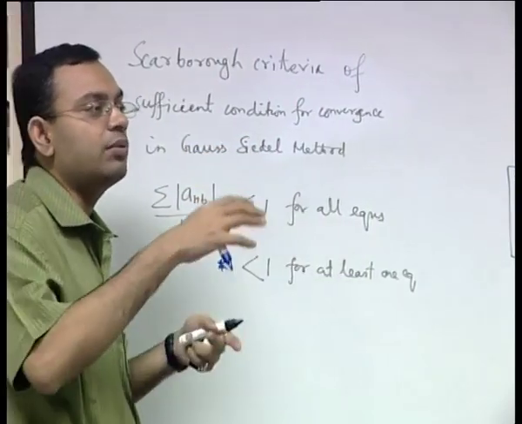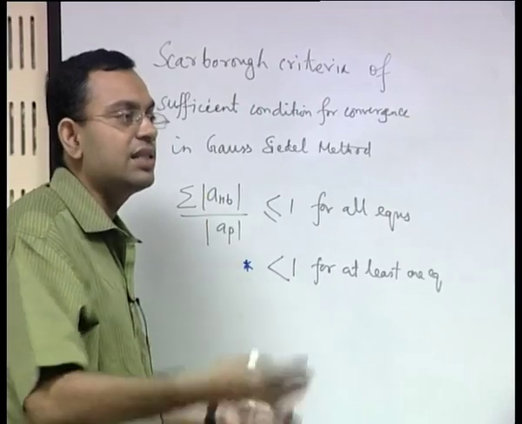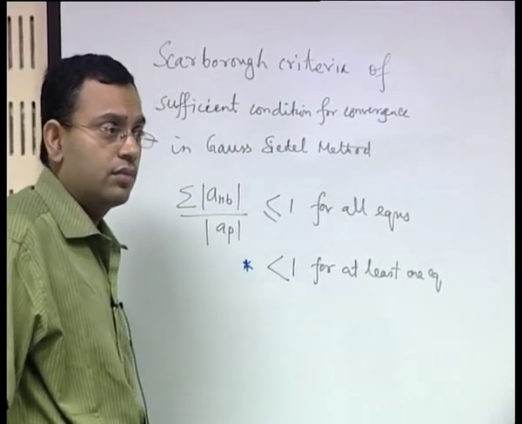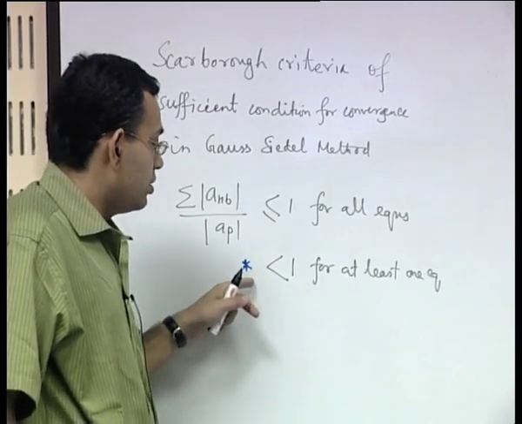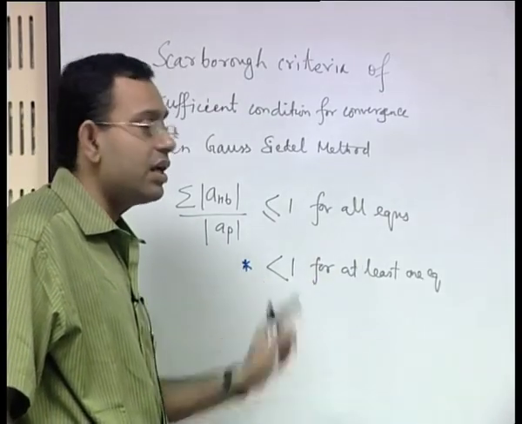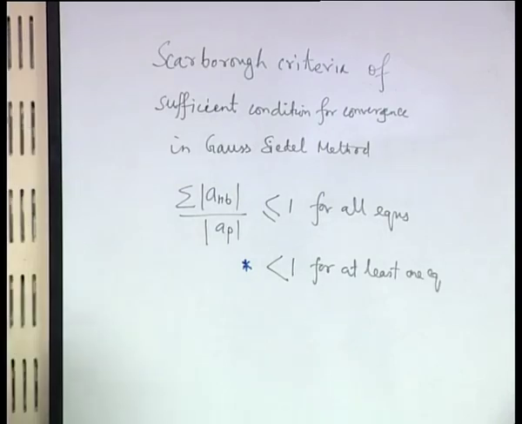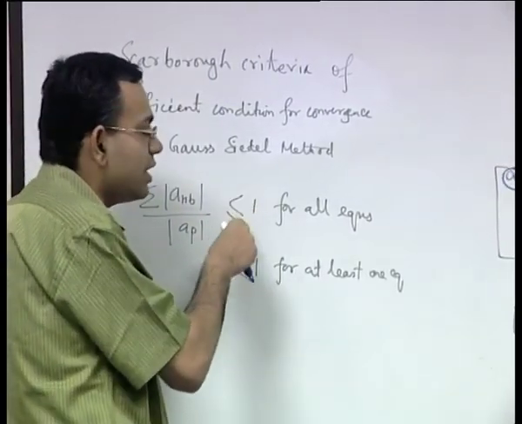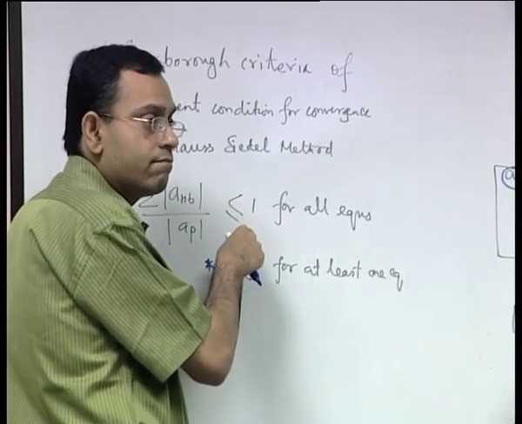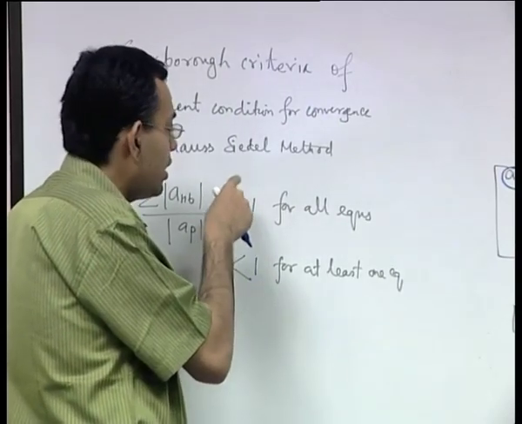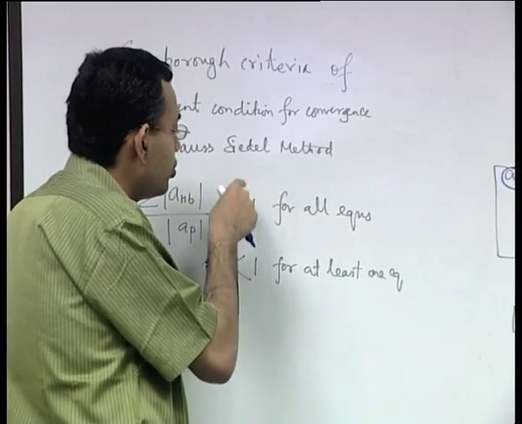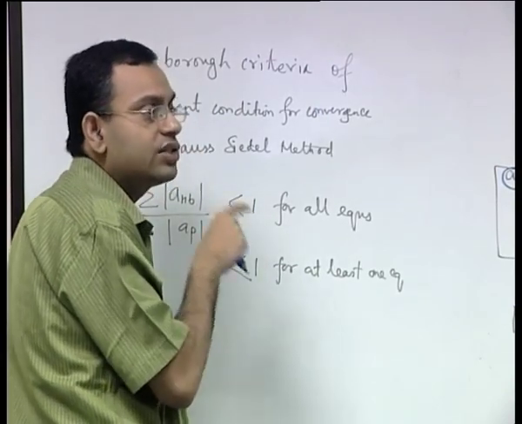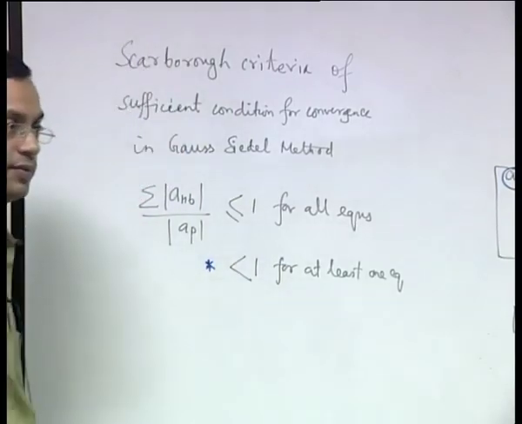So, maximum row sum norm that is less than or equal to 1. Now, why less than 1 for at least one equation? The criterion says that it is not good enough to satisfy this less than or equal to 1, that inequality should be a strict inequality, in a sense that it should be less than 1 for at least one of the equations that you are solving for.